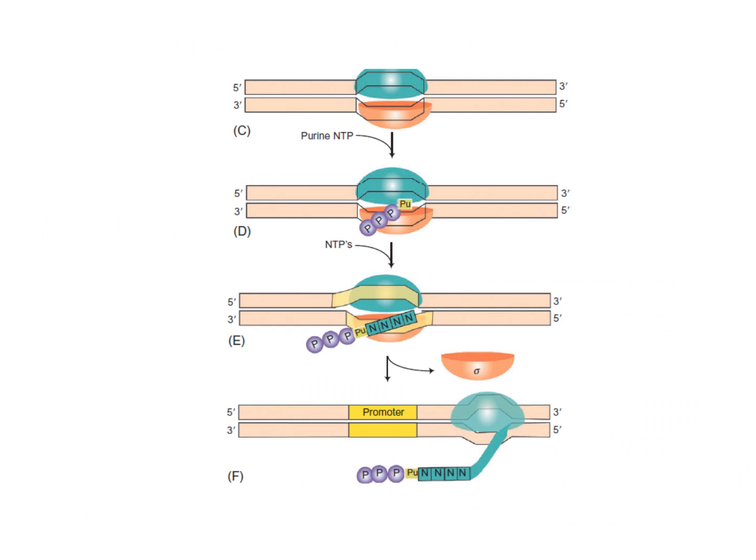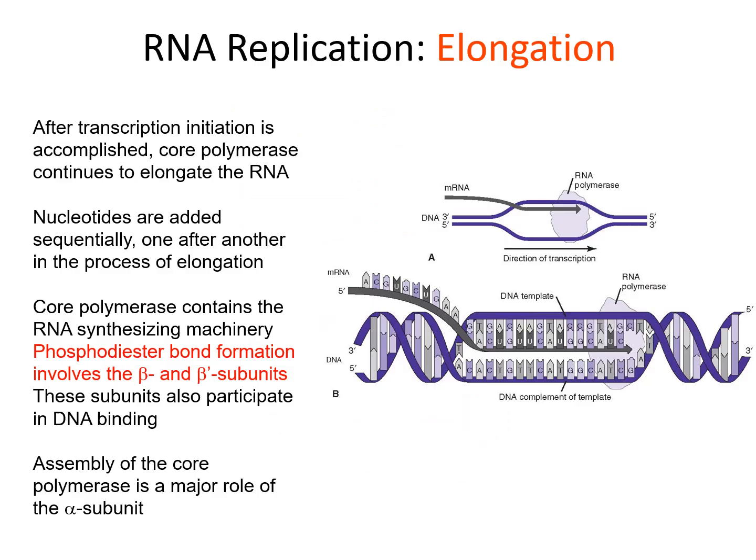Once the RNA polymerase binds the promoter region and initiates the transcription, the promoter region will be open, and once they move along the template, the promoter region will close. Once they enter the elongation stage, the sigma subunit will leave the RNA polymerase. So the next stage is elongation.